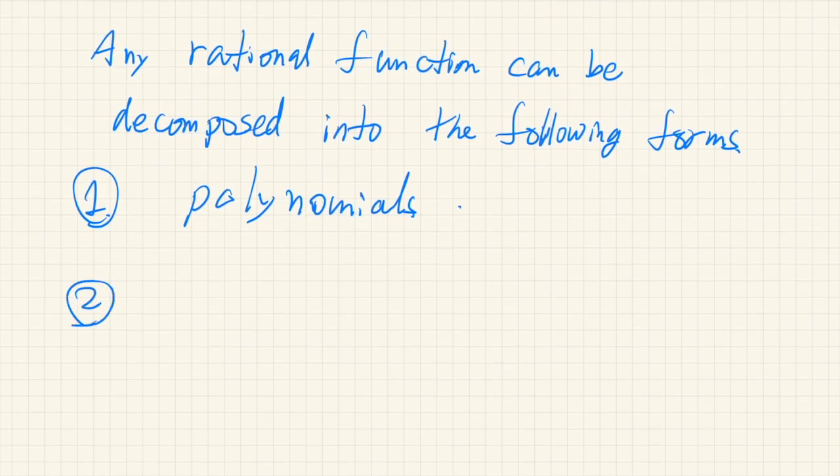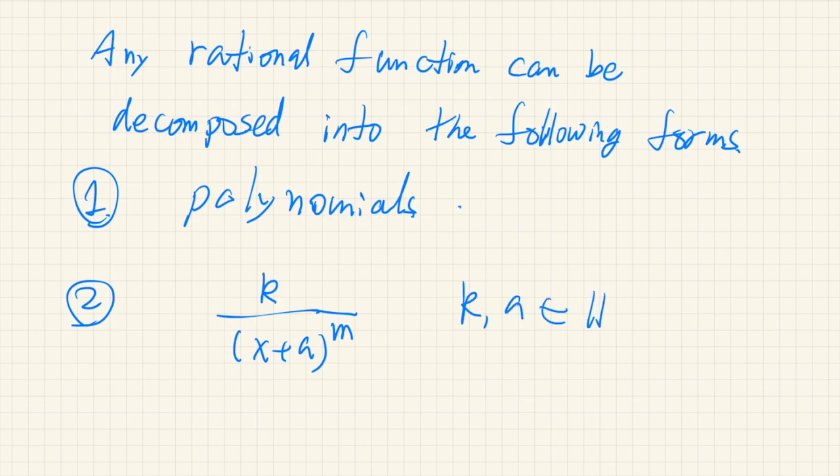And second, something of this form: constant k divided by x plus a to the power of m. Okay, and k and a here are real numbers, and m is a natural number.